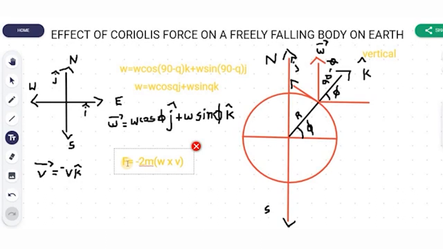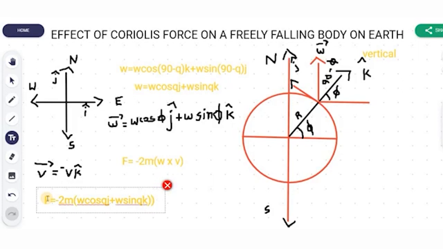Now I have to substitute for omega and V. Substituting for omega, hope you're writing along with me, F is equal to minus 2m, and instead of omega I can write omega cos phi j plus omega sin phi k, and outside I have cross V.